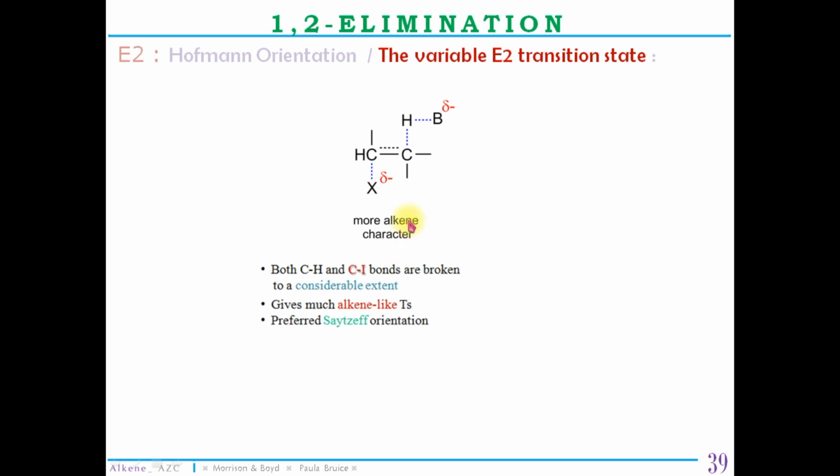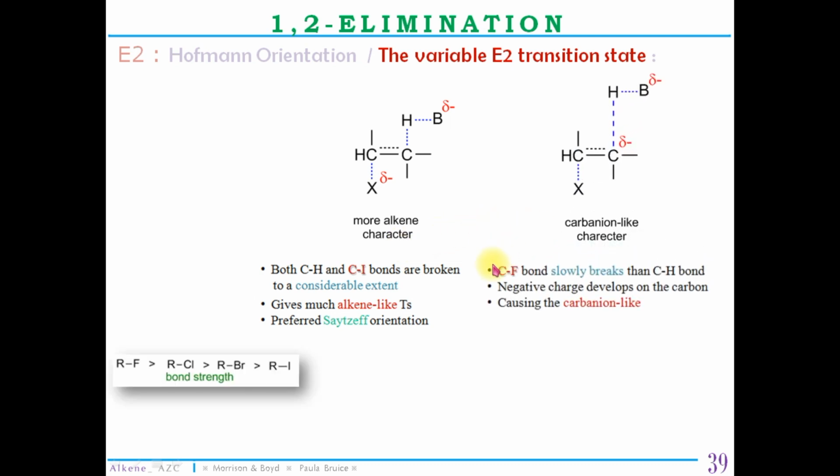So at that time the transition state is more like alkene in character and it prefers Saytzeff's orientation. Another type of transition state is where the alkyl halide is alkyl fluoride.